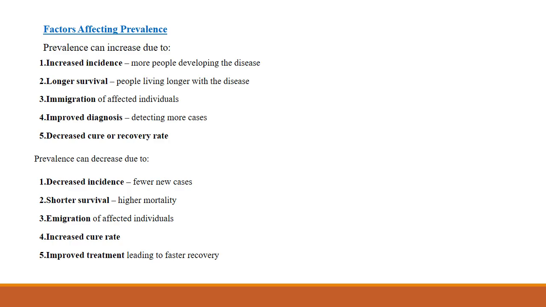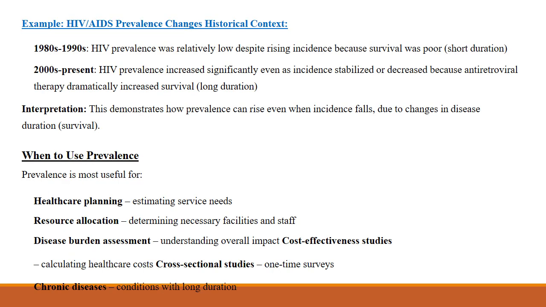And prevalence can decrease due to decreased incidence, fewer new cases, shorter survival, emigration, increased cure rate, improved treatment leading to faster recovery. For example, HIV/AIDS prevalence changes, historical context. In 1980, a time period of 10 years, like the 1980s to 1990, HIV prevalence was relatively low despite rising incidence because survival was poor.